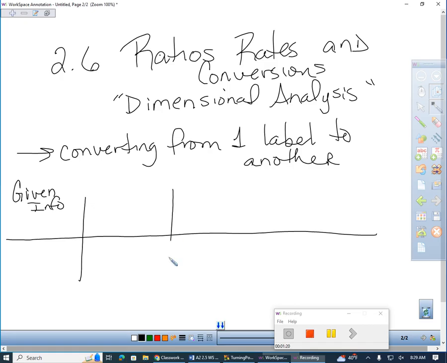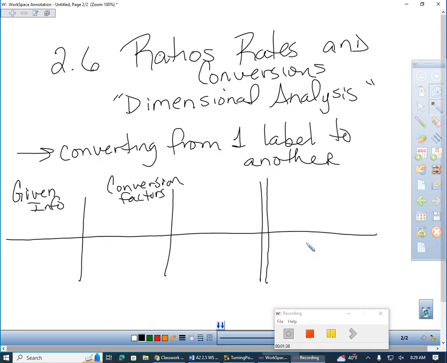In the next set of boxes are going to be your conversion factors. Once we have it to the correct label, you're going to draw a second line, almost like an equals. We multiply across the top, multiply across the bottom, and we divide last, just like order of operations.